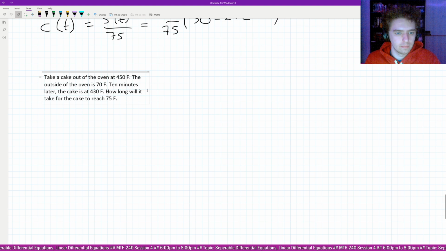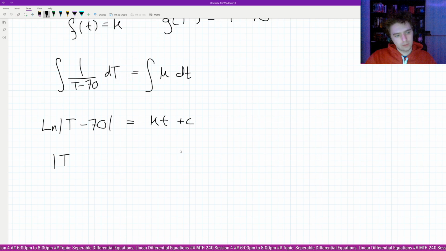Our goal now is to solve for temperature as a function of time, so solve for big T. So it's going to be e to the power of both sides: the absolute value of T minus 70 equals e to the Kt plus C. The absolute value of T minus 70 equals e to the C times e to the Kt.